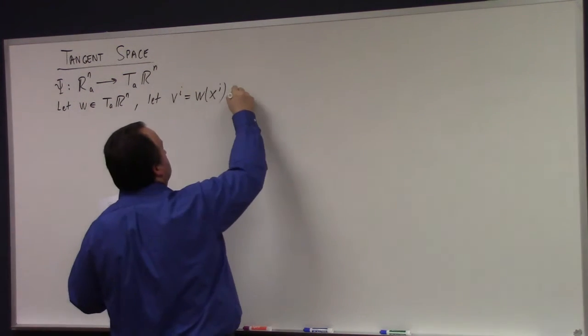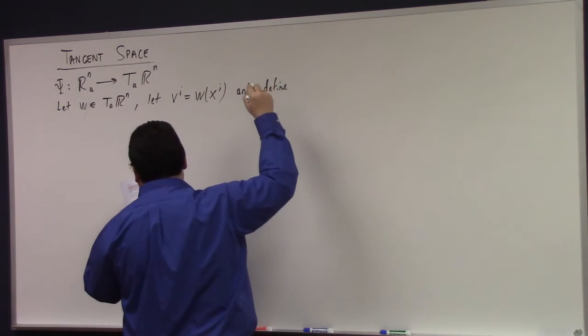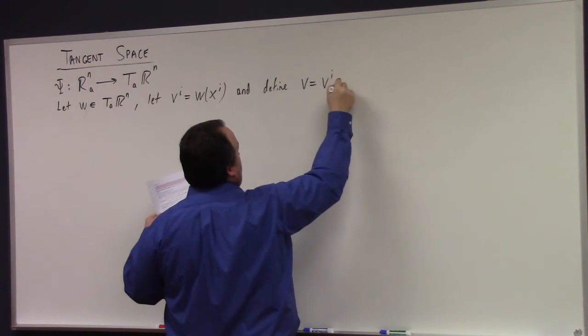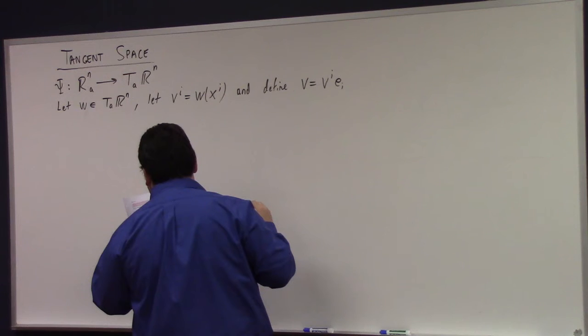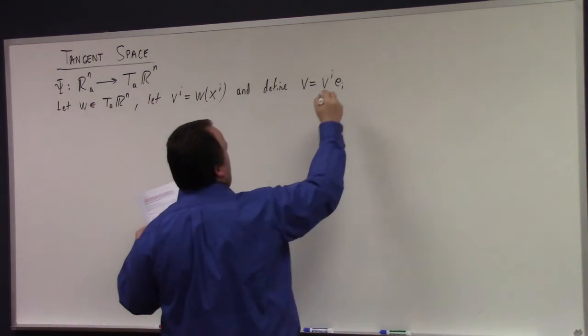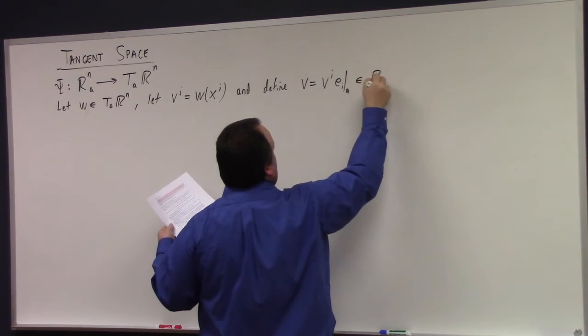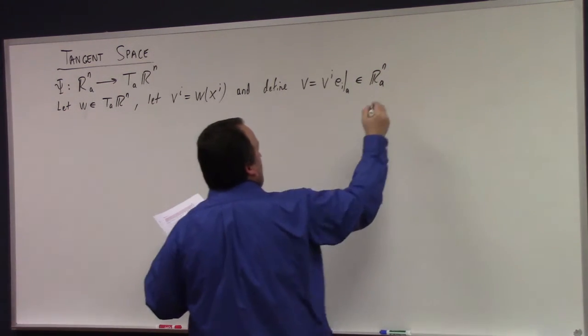We're going to define V equal to VIEI. All right. And I think he wants to say, actually that's at A to be more fussy, that's an element of our RNA. And I think the claim is going to be that, what's the claim?